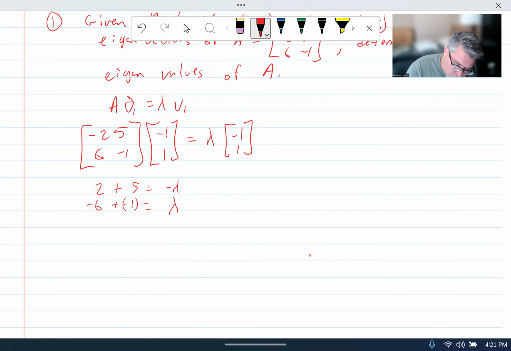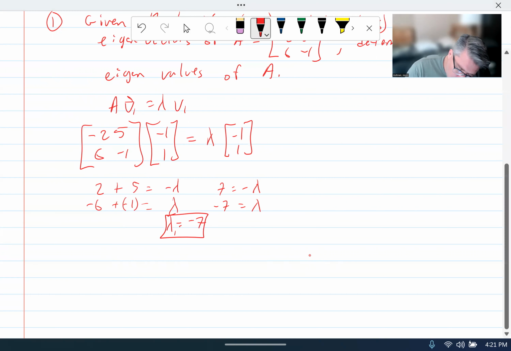Okay, and so this is going to be 7 is equal to negative lambda, and negative 7 is equal to lambda. So lambda is negative 7. So lambda sub 1 is equal to negative 7. So that's my first eigenvalue.